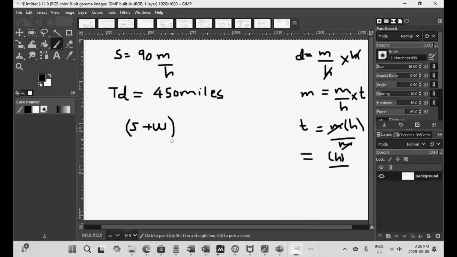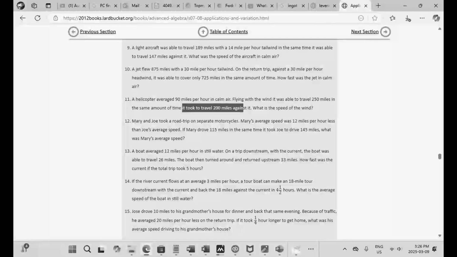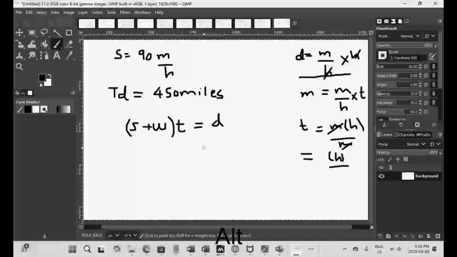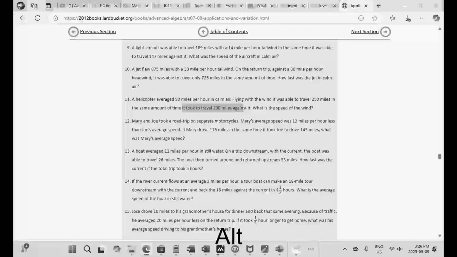So we know that 90 miles per hour, the speed of the helicopter, plus the speed of the wind, W, into your time, this is the first equation, equals the distance. Now we know that the distance is 250 miles.